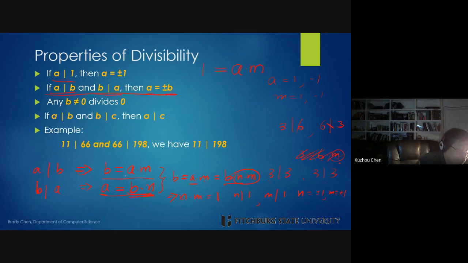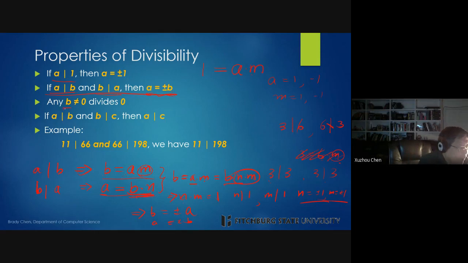So that means B equals plus or minus A, or on the other hand, A equals plus or minus B. It basically means the same thing, so they are technically of the same size.